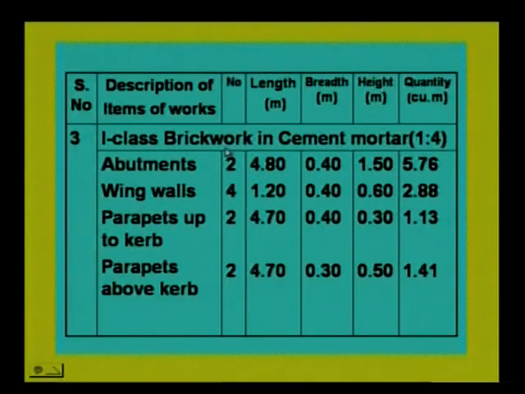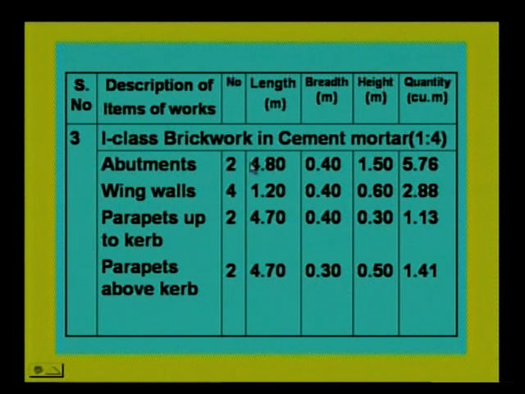Now you can see here the quantities for various components. Abutments, 2 abutments are there. 4.8 is the length, 0.4 is the width, then 1.5 meters is the height. So the quantity is 5.76.